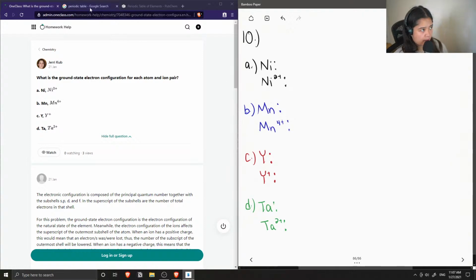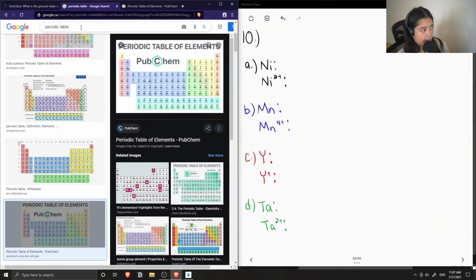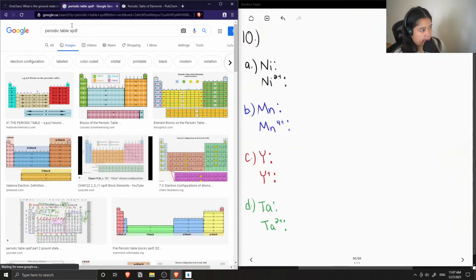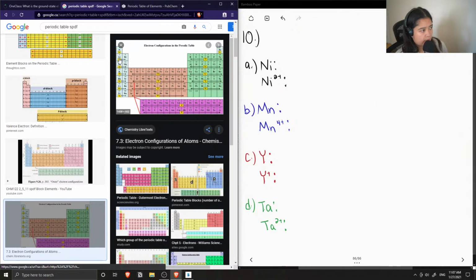Okay, so let's start off when we need to write the electron configurations for a certain atom or an ion. We first need to separate our periodic table into the different orbital shells. So for example, these first two columns is the S block, and this green part is the P block, and the middle transition metals is the D block, and the last two rows, which are the lanthanides and actinides, is the F block.